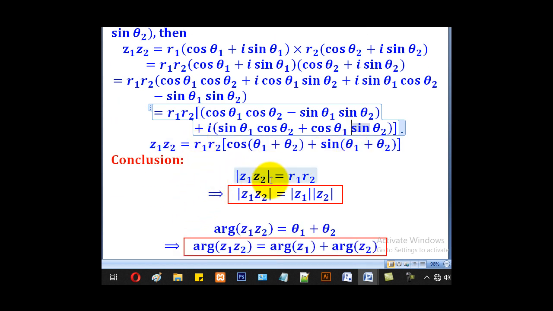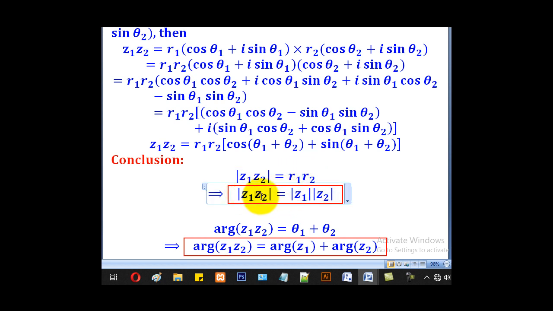So from this we come to the conclusion that when two complex numbers are multiplied, their moduli are multiplied.